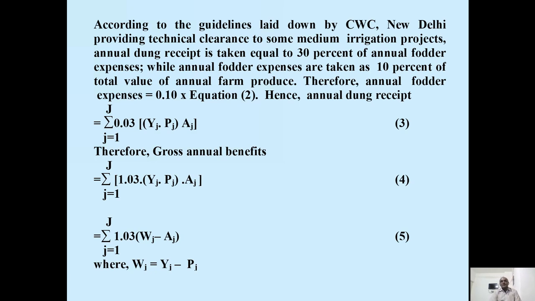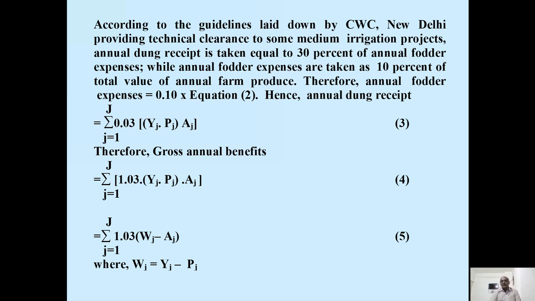According to the guidelines laid down by the Central Water Commission, New Delhi, for providing technical clearance to medium irrigation projects, the annual net receipt is taken as 30% of annual farm expenses, while annual farm expenses are taken as 10% of the total value of annual farm produce. Therefore, the annual farm expenses is equal to 0.1 into equation number 2.